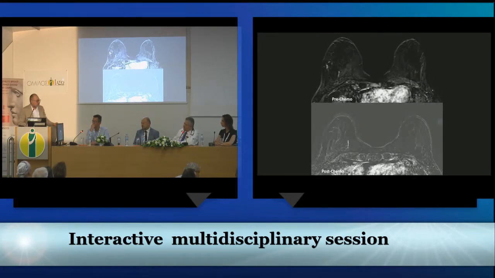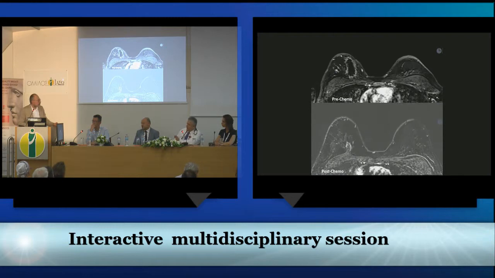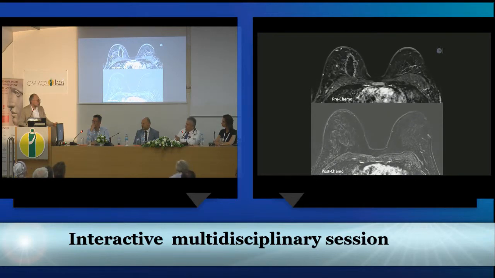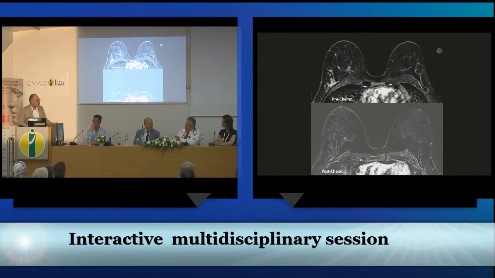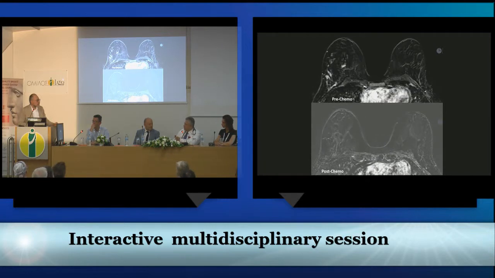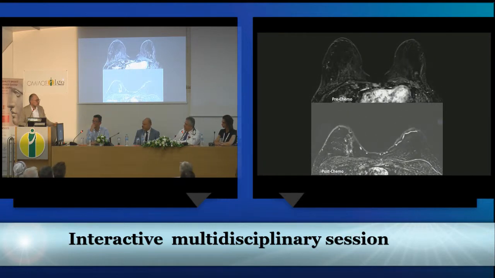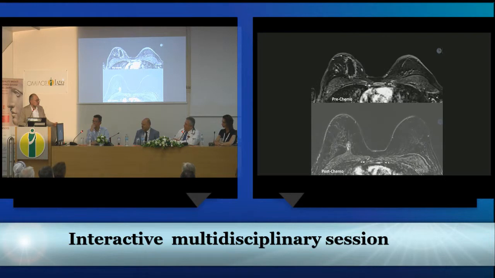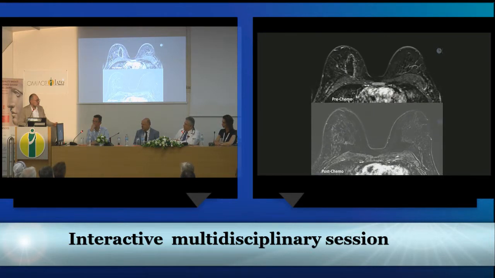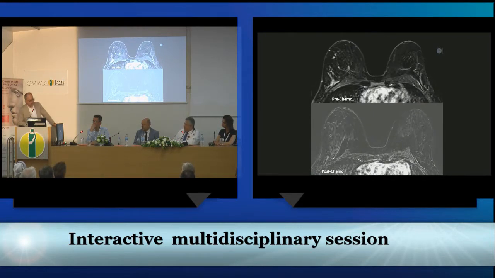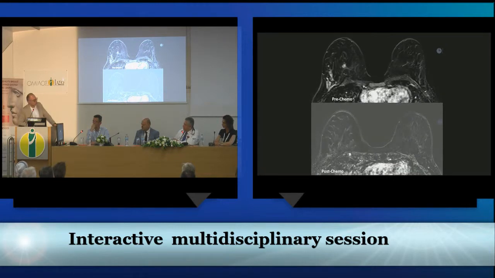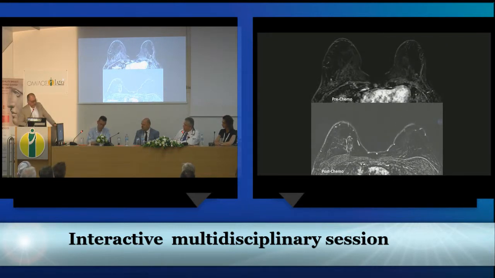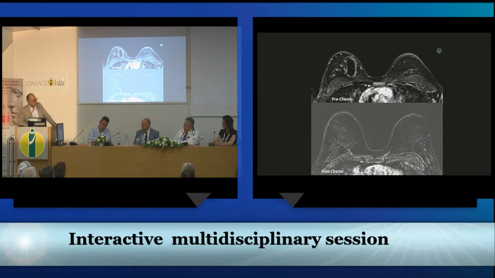Yes, we've seen that usually when we have Ki-67 high and grade 3, we see a good response to the neoadjuvant treatment, but the reason that we give neoadjuvant treatment is normally for HER2 positive disease, triple negative disease, and in some cases grade 3 disease.